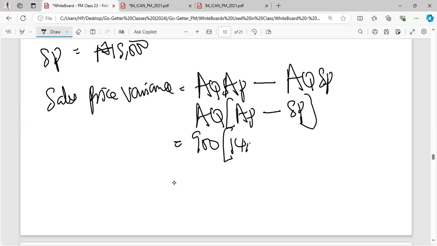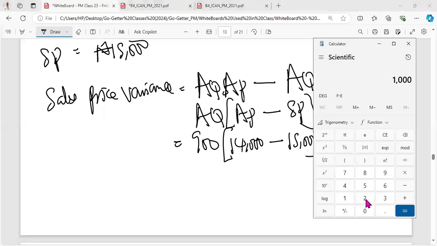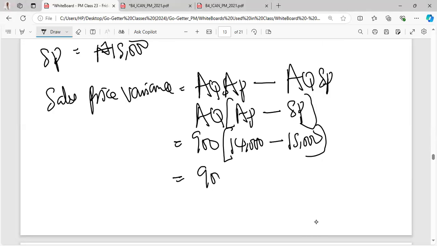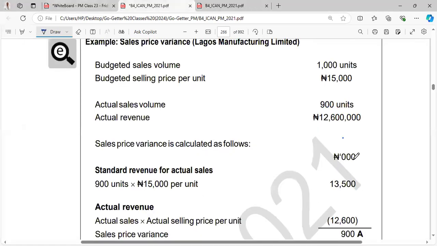This is 14,000 actual. This is 15,000, which is 1,000 difference. 1,000 times 900 will give you 900,000 adverse. So that's what we are getting here.